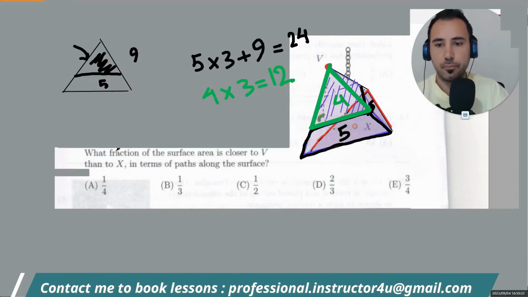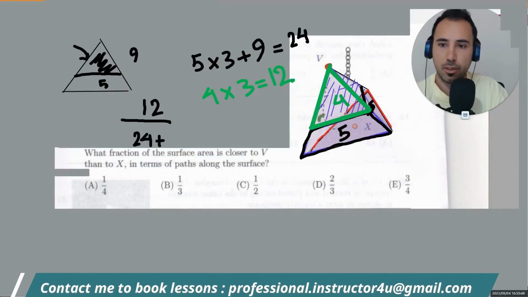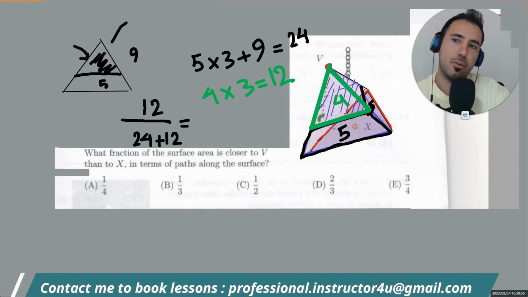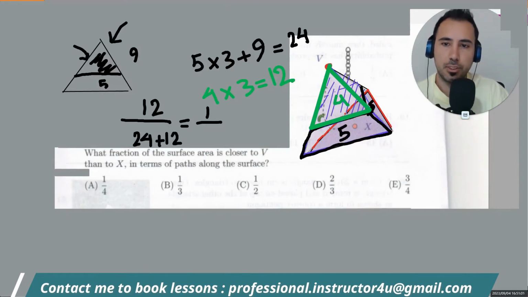So 12 is the area that is closer to V, and the total area, you could just go 24 plus 12. This part was unnecessary, so I did a little extra. We didn't have to, because we assumed that this area was 9 and this is a tetrahedron, so we have 9 times 4. So it's going to be 12 over 36, which is 1 over 3.